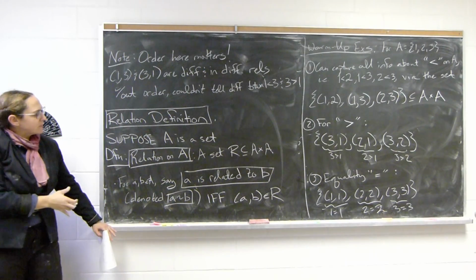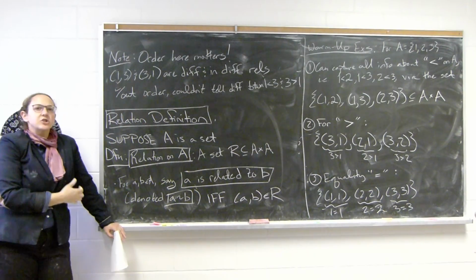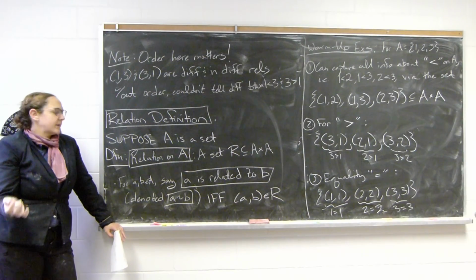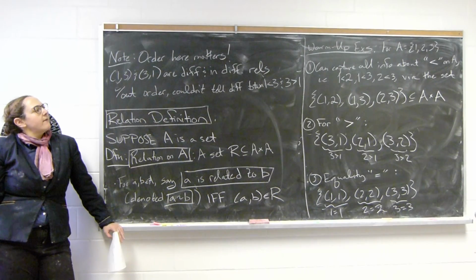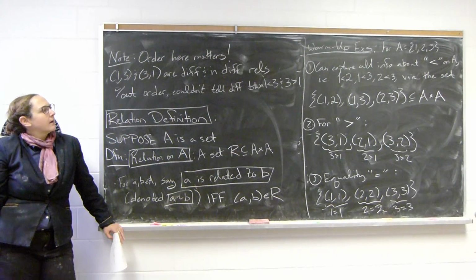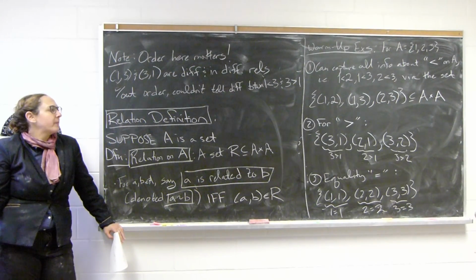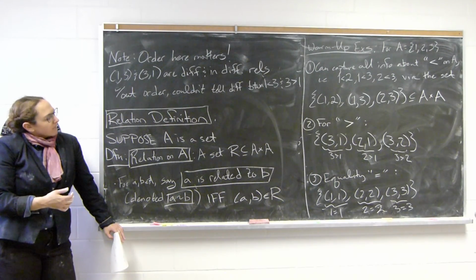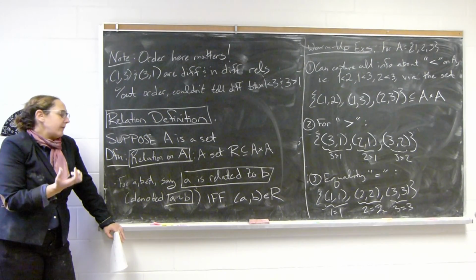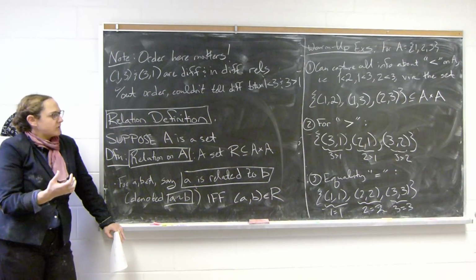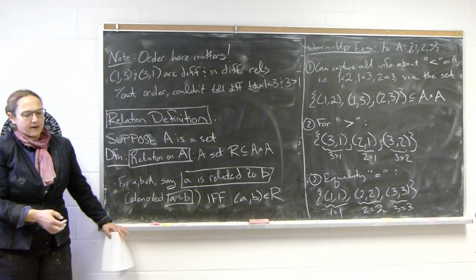That's the actual definition of a relation. It's just some subset of the Cartesian product, in other words, some collection of ordered pairs of elements of A that tell you, if this ordered pair is in this relation, that a is related to b. And that's like how things worked over there.